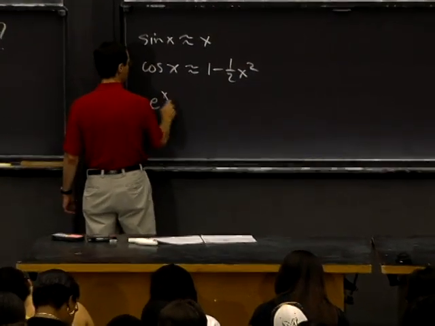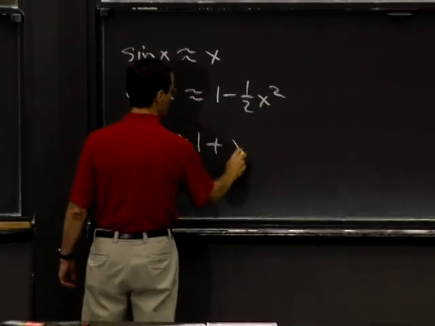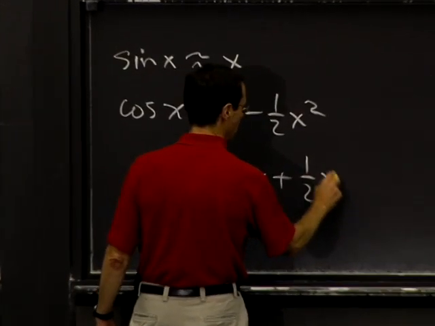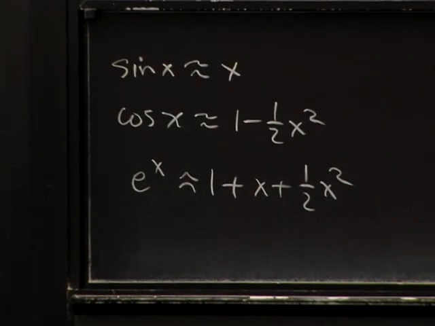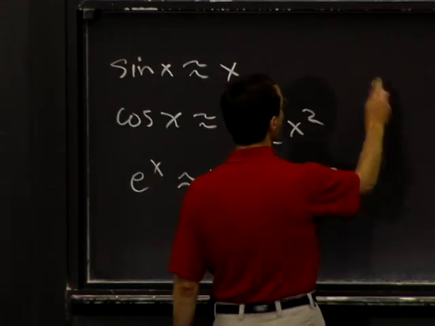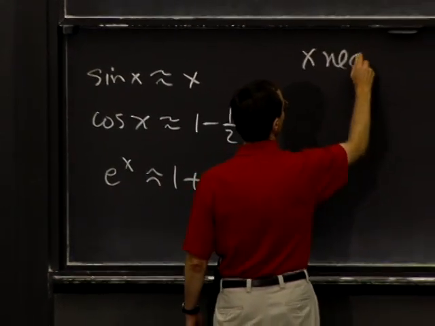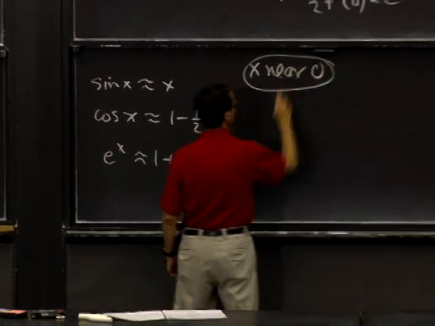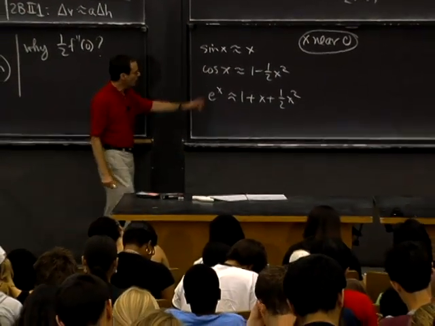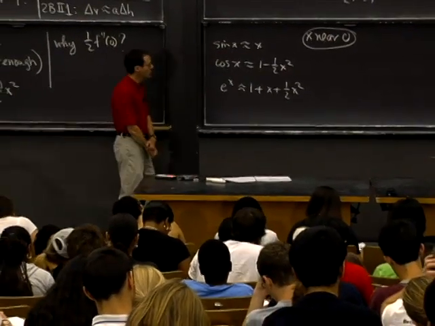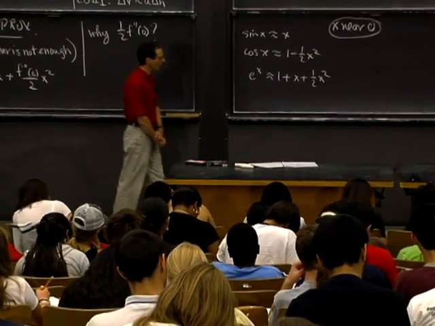And e to the x is approximately 1 plus x plus a half x squared. So those were three that I mentioned last time. And again, this is all for x near 0, only. These are wildly wrong far away, but near 0, they're nice, good quadratic approximations.